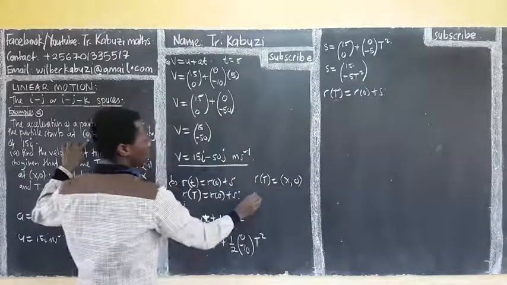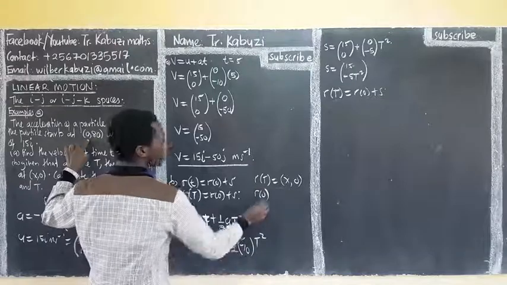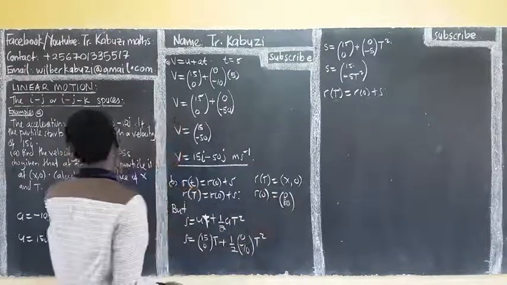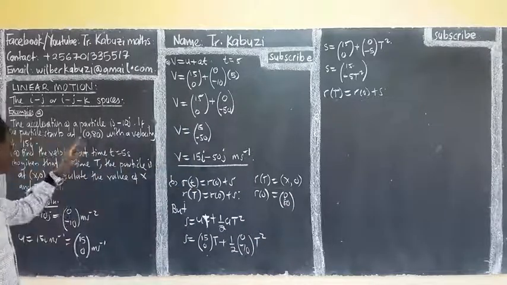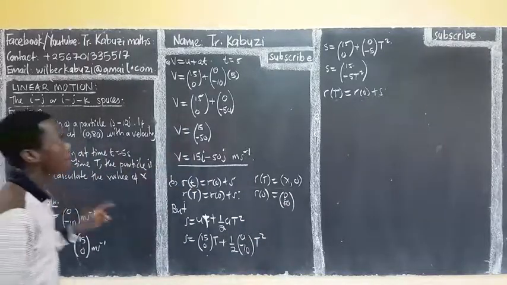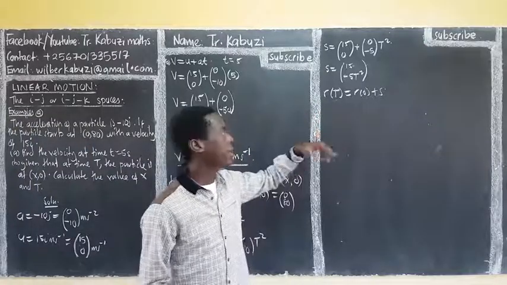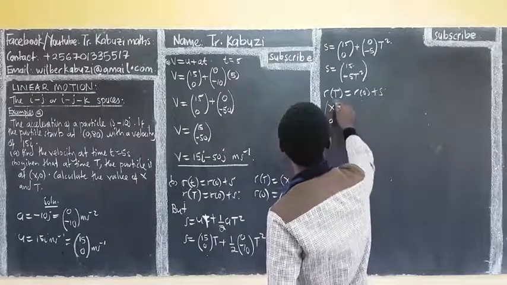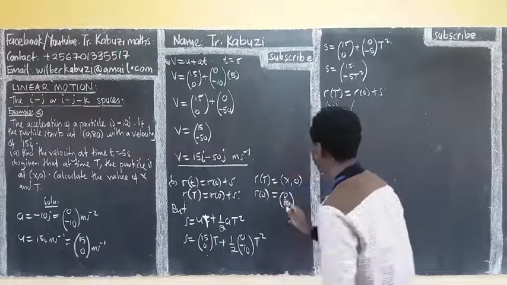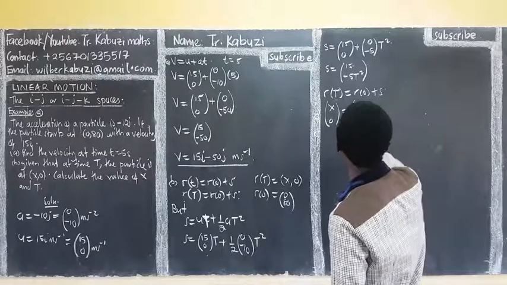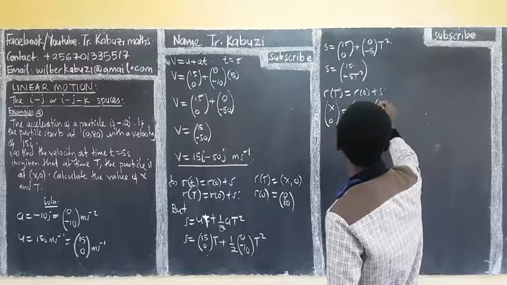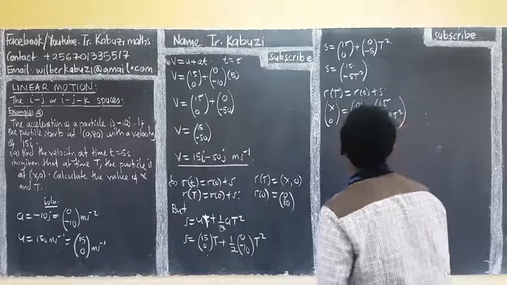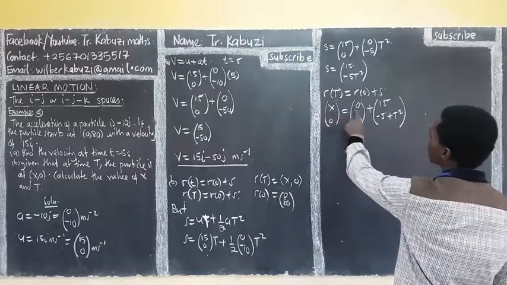Our initial point here was R0, which is 0, 80. So this is where the particle was before it moved to this point here. So whenever it moves to a certain point, it's what we put here. So it moved to x, 0 from which point? 0, 80, plus our S, which is 15T, negative 5T squared. And the vector, as I said, you can get this plus this plus this.